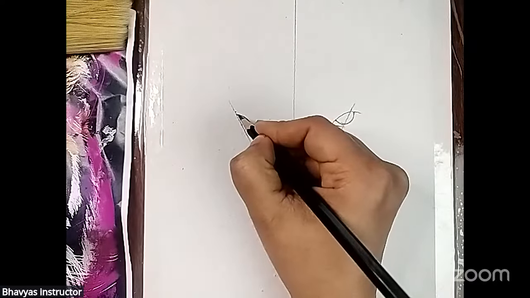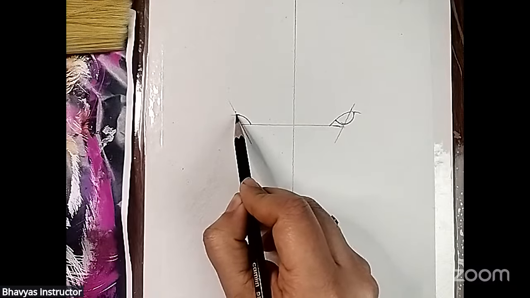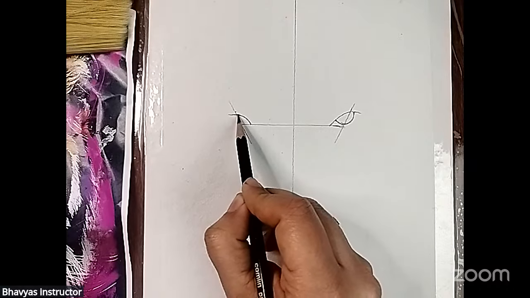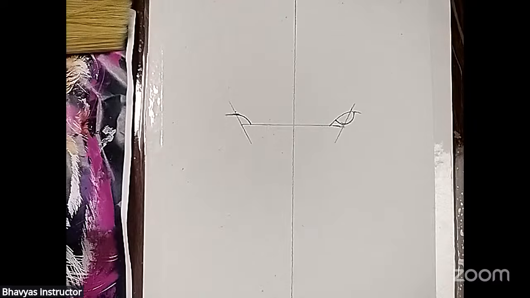And then just move this angle outside. What we are doing, we will leave a little bit more space than the reference image, so that while painting, if we make any mistake, we will get space to correct it properly.